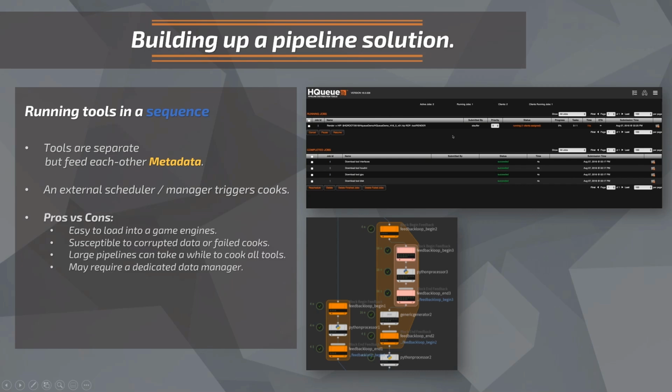On the other hand, you might also need a dedicated data manager, because the more tools you have and the more data you need to manage, you'll need someone who knows intricately how this sequencer is set up. But overall, the benefit is, of course, that if everything works properly, you don't have to worry about anything. Your render farm will just take care of everything, and the sequence you've set up will sort it all out for you.